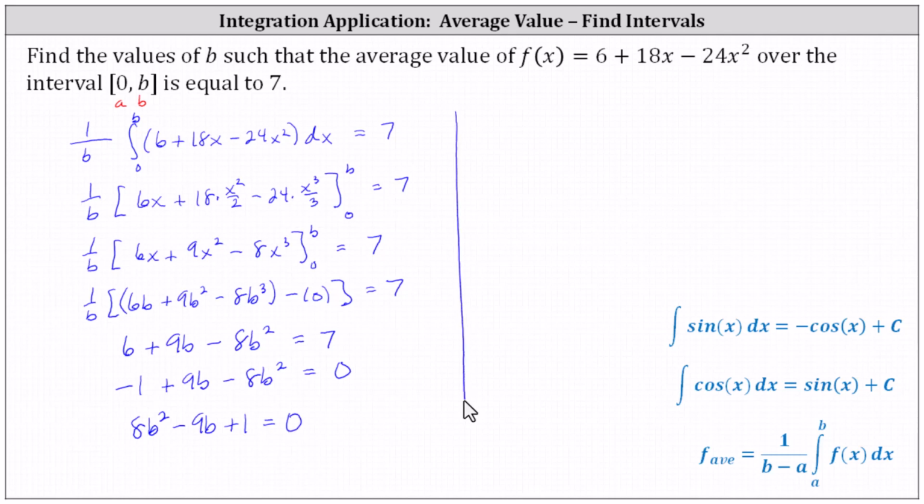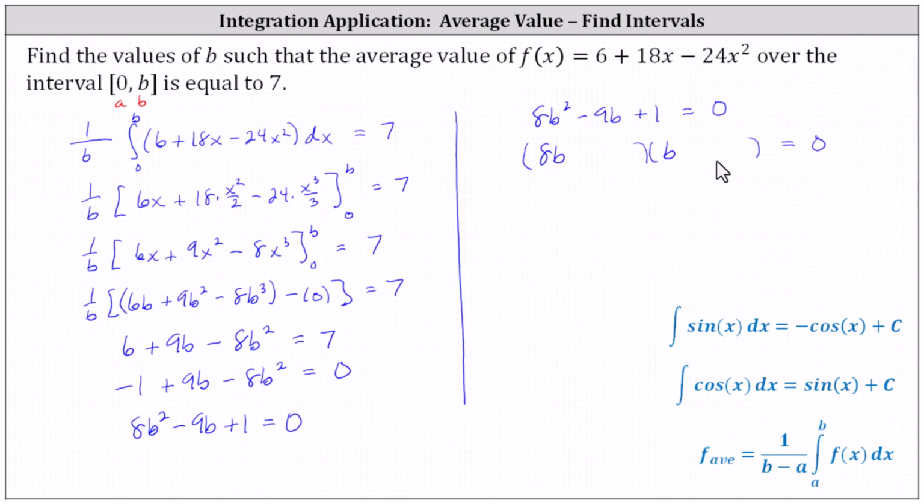And now let's see if we can solve by factoring. This is a little more challenging because the first term is 8b squared, not just b squared. If it does factor, it'll factor into two binomial factors, where the terms in the first positions must be factors of 8b squared. We could use 8b and b, or 4b and 2b. Let's try 8b and b.